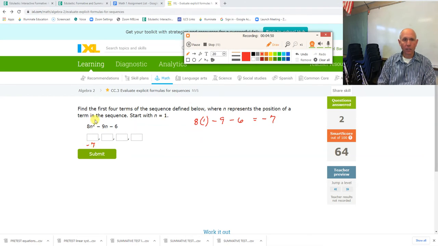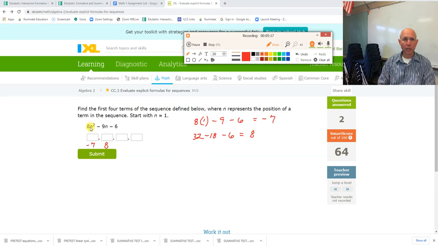And now we're going to plug in a 2. So 2 squared is 4 times 8 is 32. 2 times negative 9 is negative 18, minus 6. So 32 minus 18 minus 6 takes us to an 8.